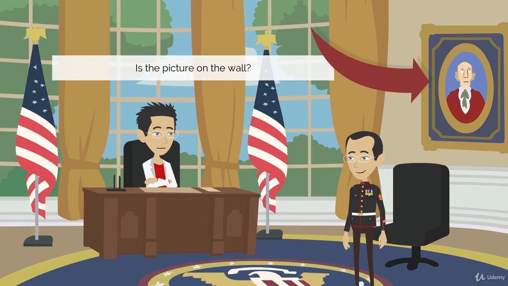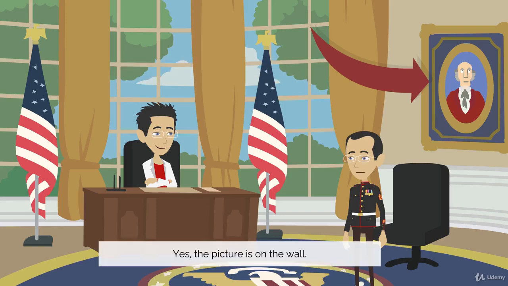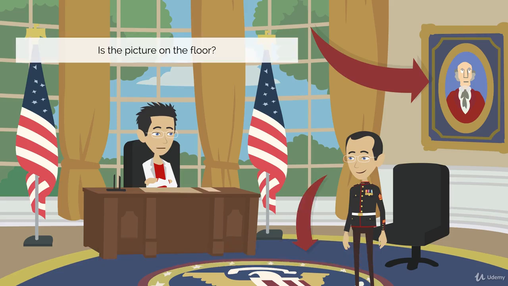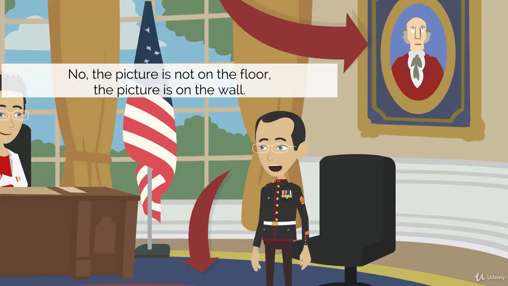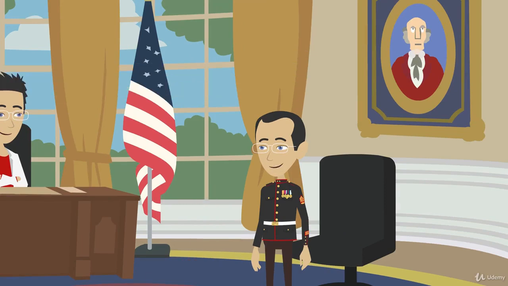Is the picture on the wall? Yes, the picture is on the wall. Is the picture on the floor? No, the picture is not on the floor. The picture is on the wall.